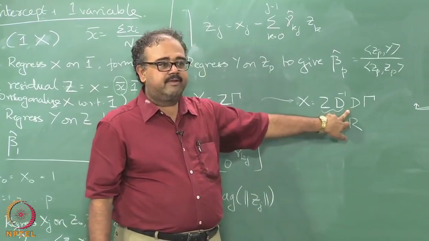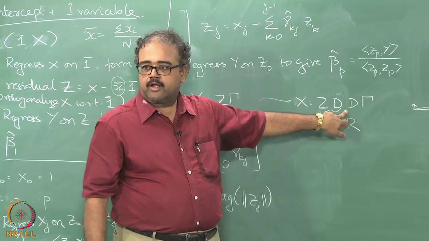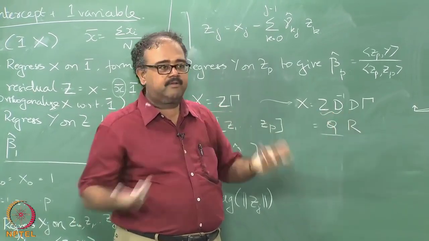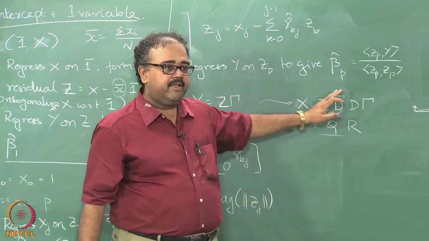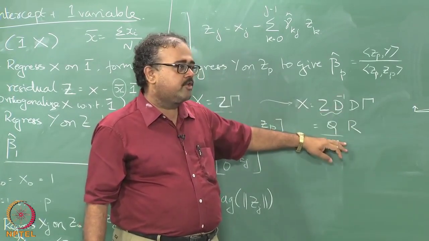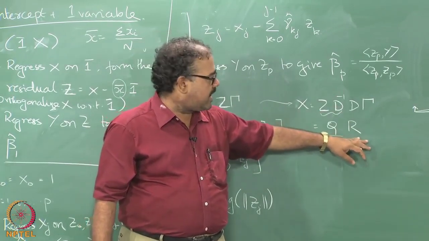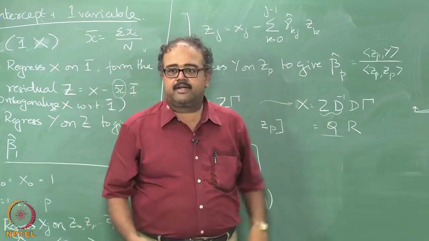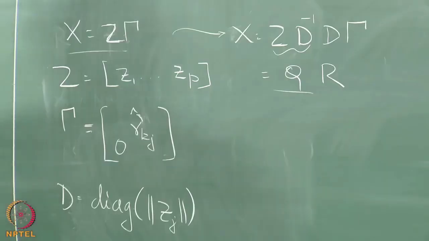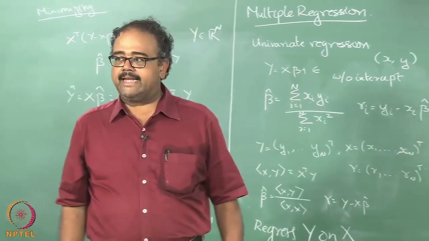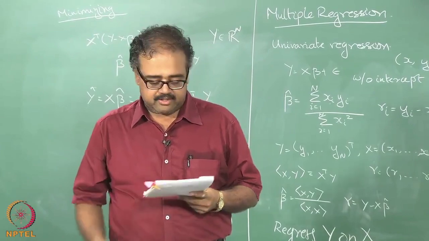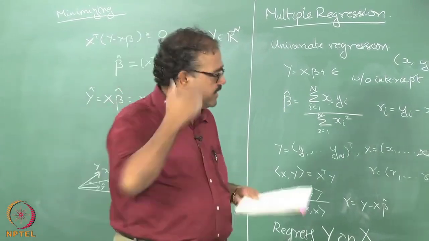Why? Because I am dividing by the norm here. So the product will be ones or zeros because they are orthogonal to begin with anyway. I have made them orthonormal. So Q gives me an orthonormal basis and R is an upper triangular matrix that lets me reconstruct the inputs X. And this kind of a decomposition is very convenient and it is used widely in other kinds of representation or transformation of the data and so on and so forth.